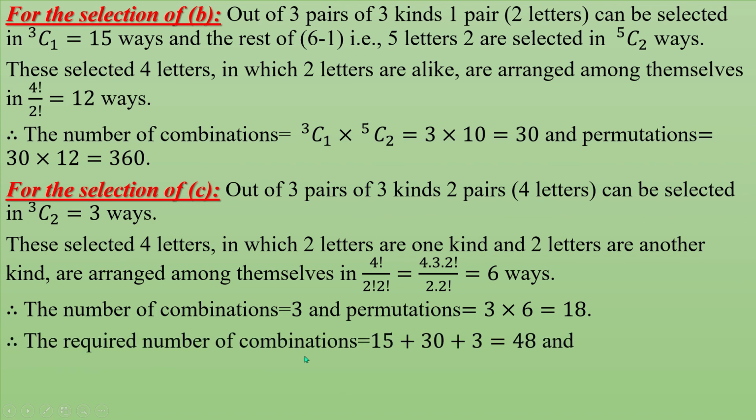Therefore the required number of combinations equals 15 plus 30 plus 3, which equals 48, and permutations equals 360 plus 360 plus 18, which equals 738. This is the required answer. That means combination 48 and permutation 738. Clear everyone?